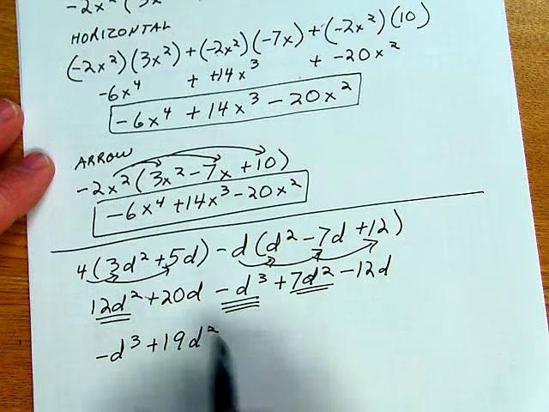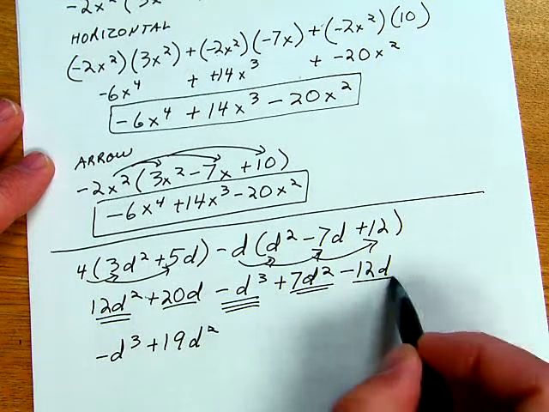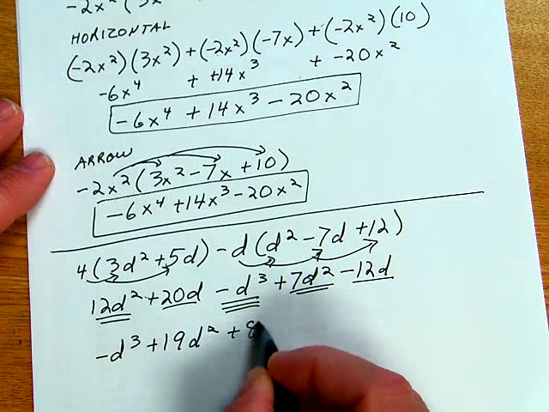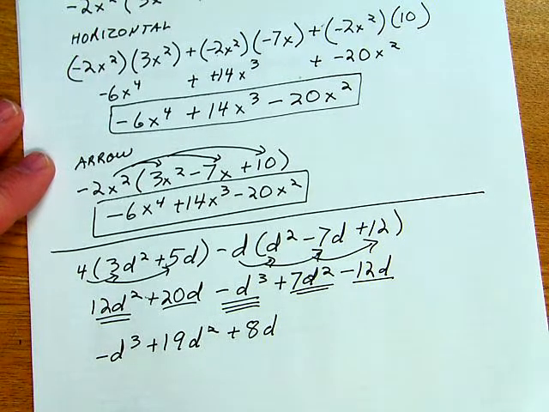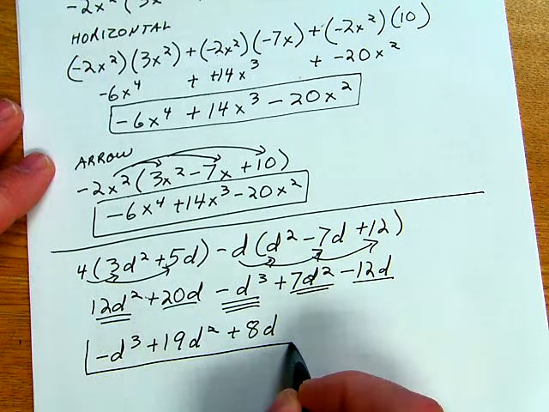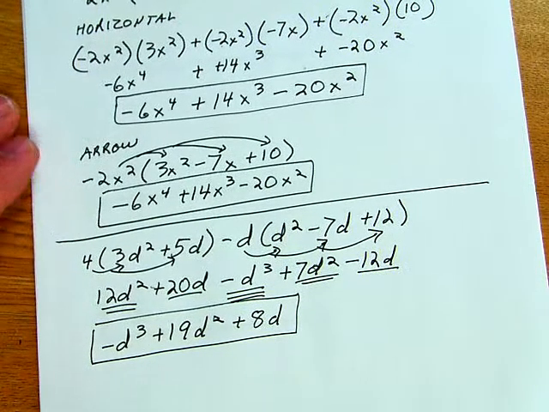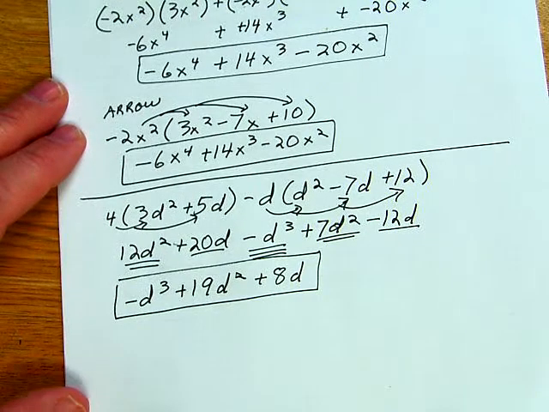And then finally, there's a d and there's a d. 20 minus 12 gives me 8d, and that is the answer after I simplify that.